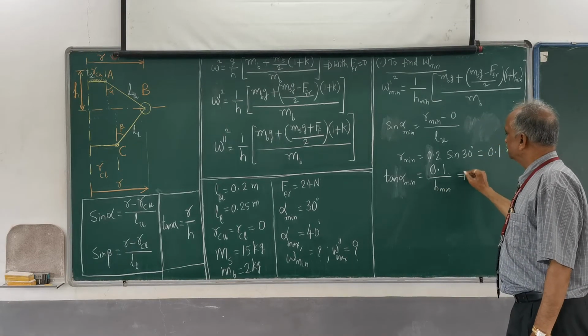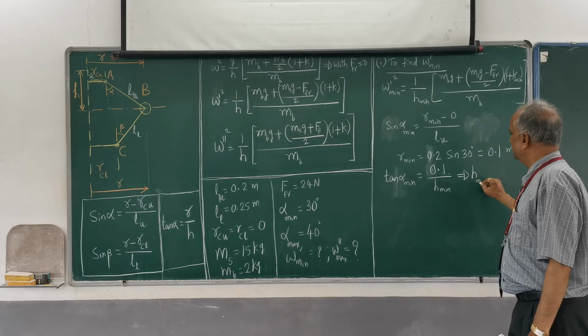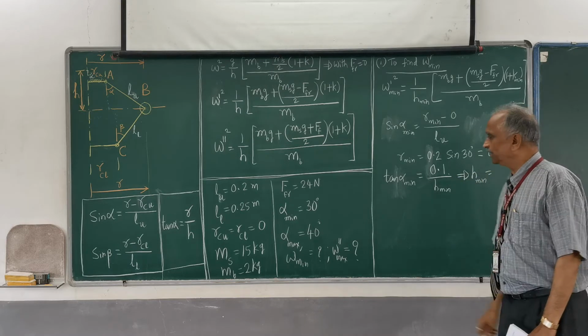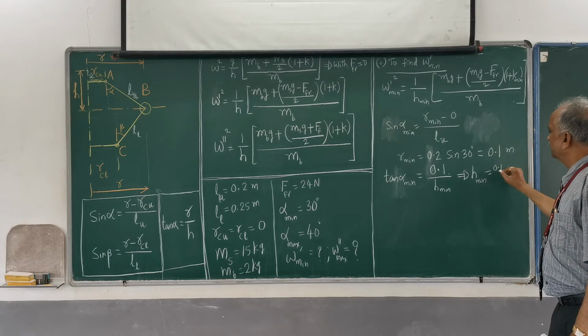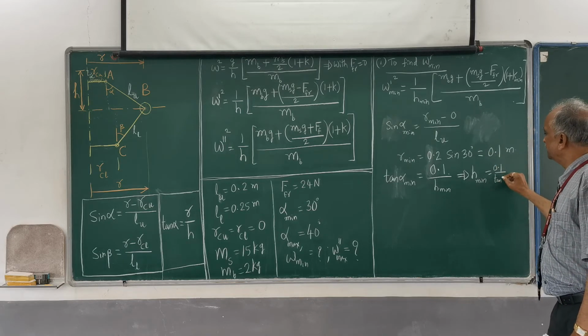So from this we find H minimum. H minimum is equal to 0.1 divided by tan 30. How much?